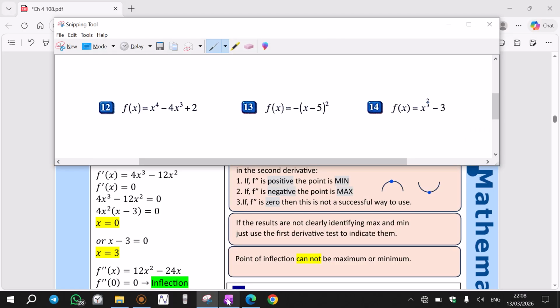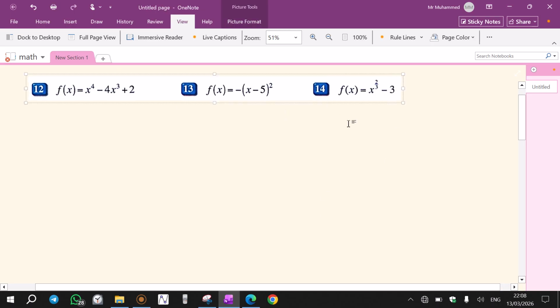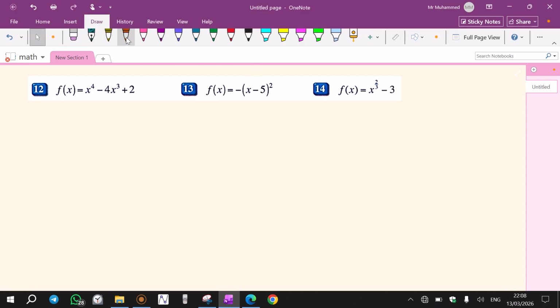Question 12. Let's take it to the notebook. Firstly, if I want to find maximum minimum, I need to find critical value. Critical value is f prime equal to 0. Derivative is 4x power 3 minus 12x power 2.